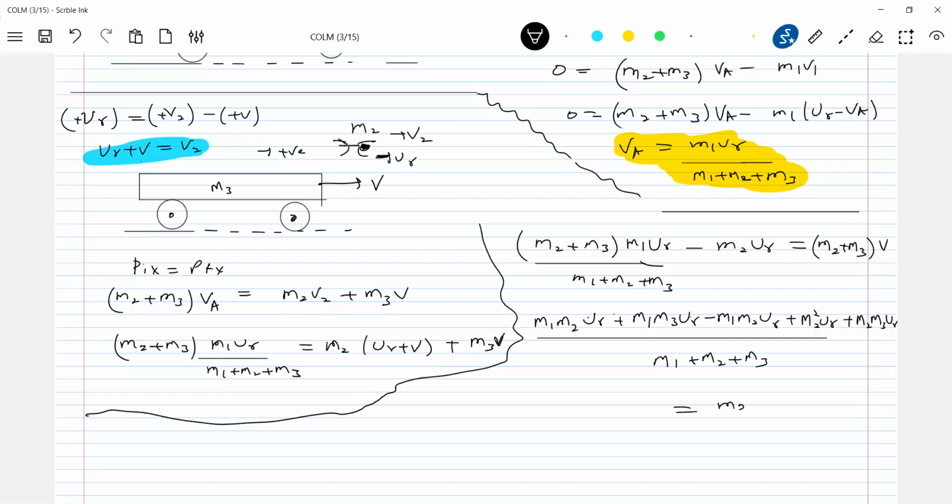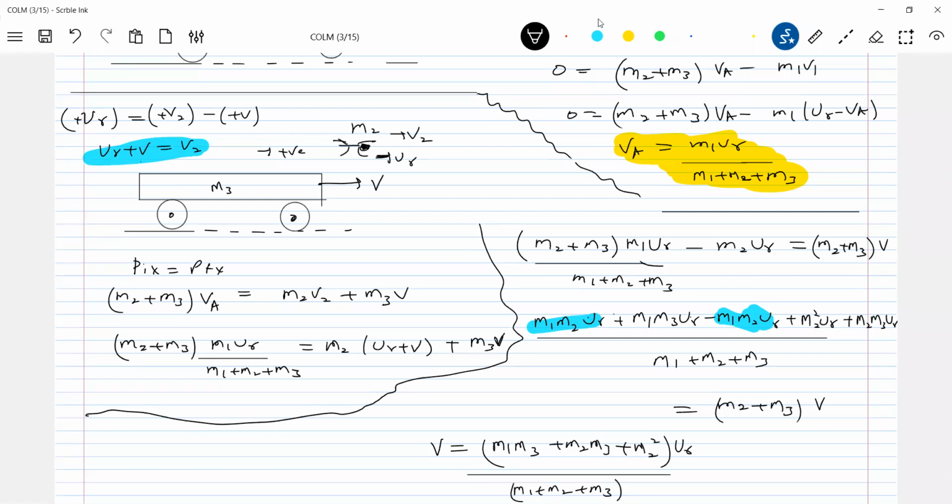The M1 M2 UR terms get cancelled out. So the final answer V will be M1 M3 minus M2 squared minus M2 M3, times UR, divided by M1 plus M2 plus M3.